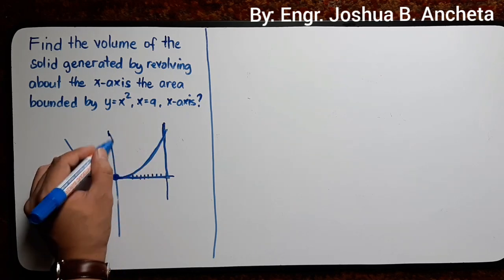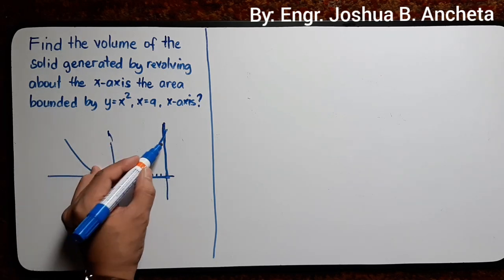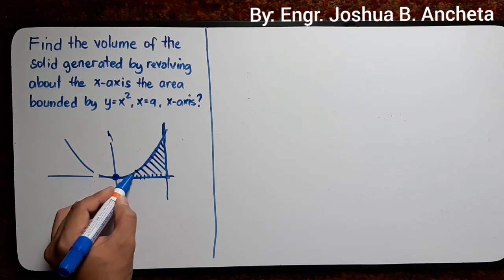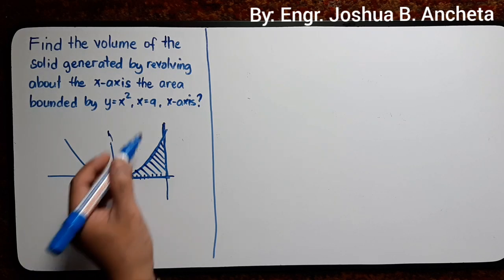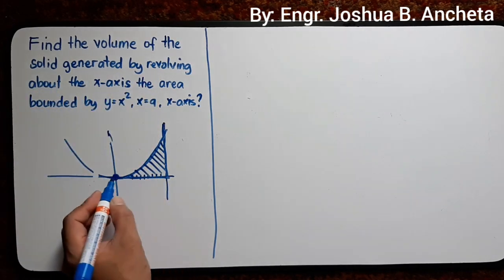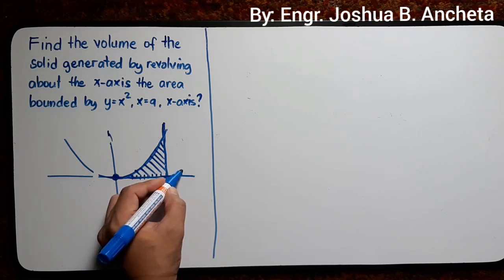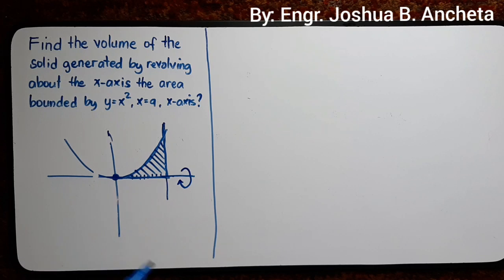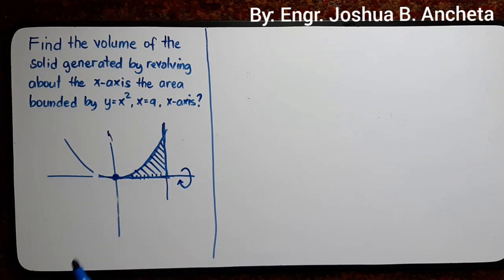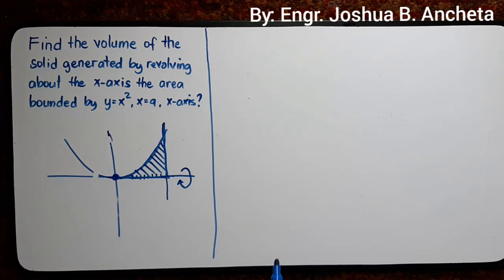So the area bounded by the given curves will revolve about the x-axis. To illustrate that, this is our x-axis and it will revolve about the x-axis. So we will find the volume generated by that condition.